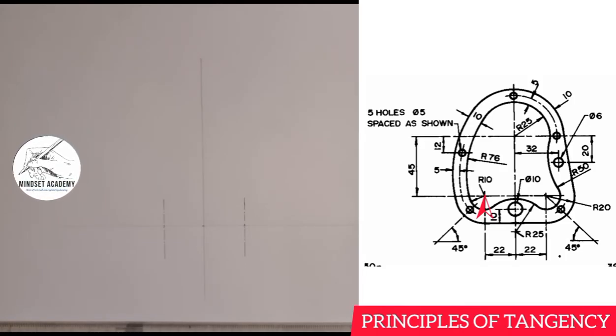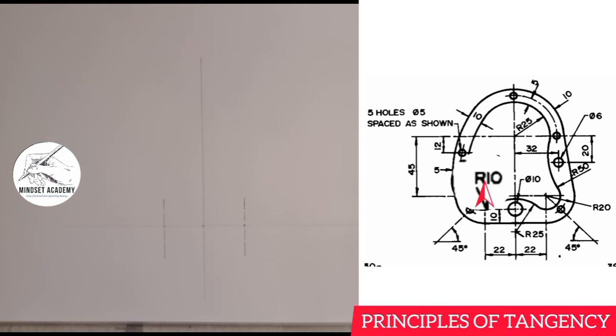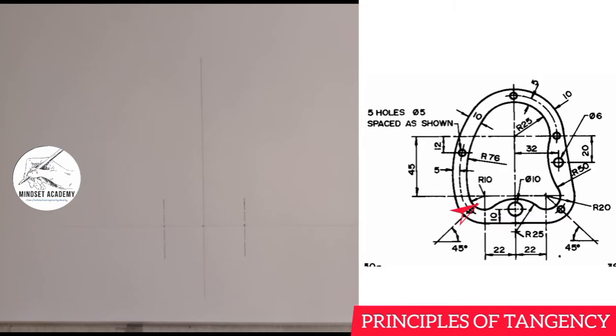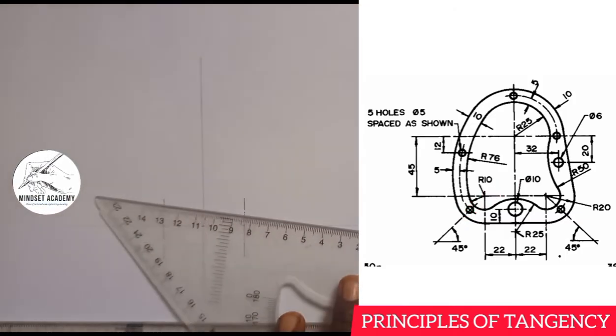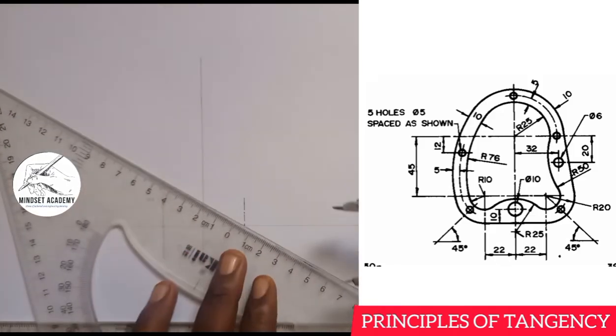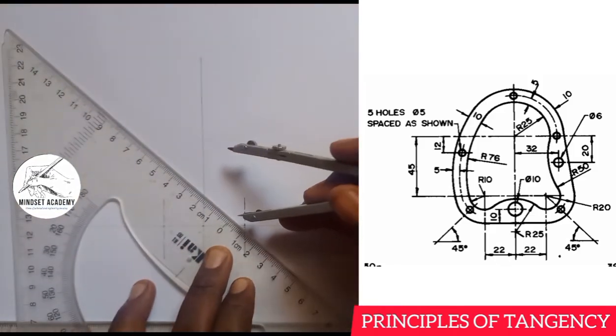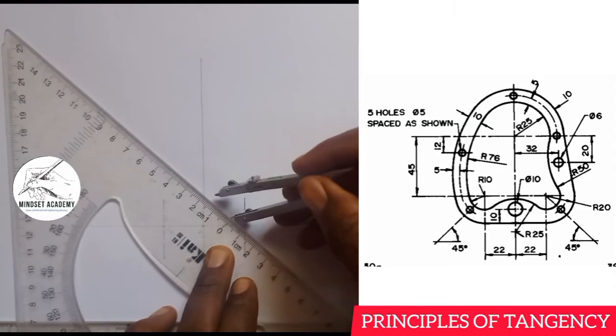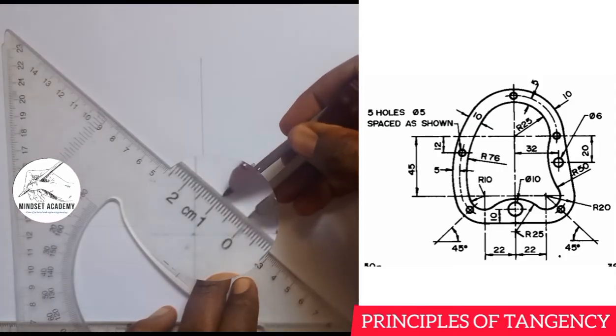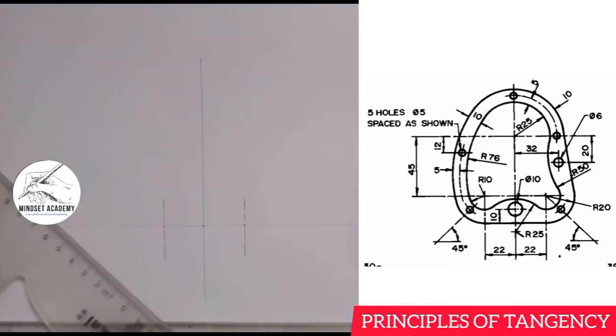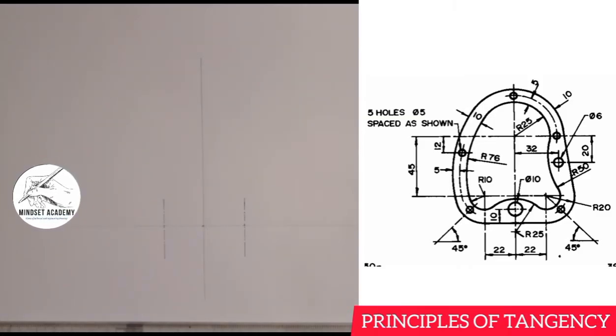Now, the radius of the arc here is given to be 10. So I am going to measure 10 millimeter on my meter rule, from 0 to 1 is 10, and place it at this center here.